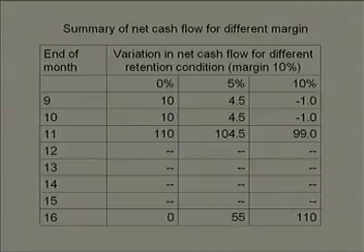And our observations, rather our conclusions, are that the lower the retention percentage, the better it is for the contractor. The higher the retention percentage, the situation is bad for the contractor. Now, we will move to some other factors.